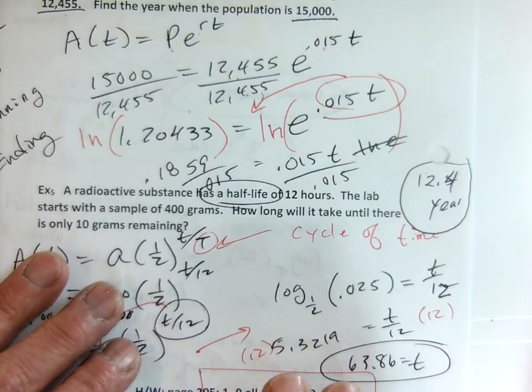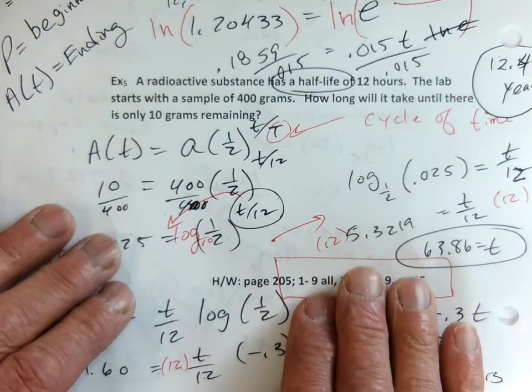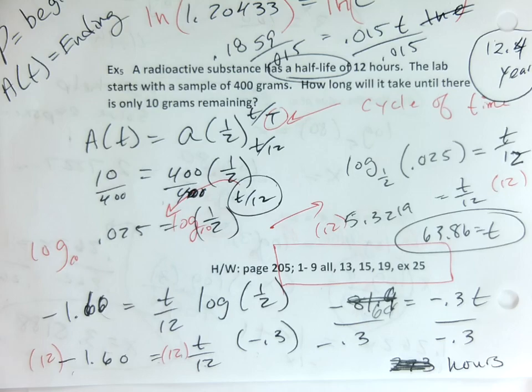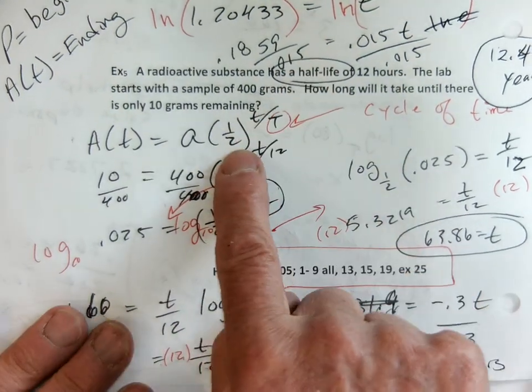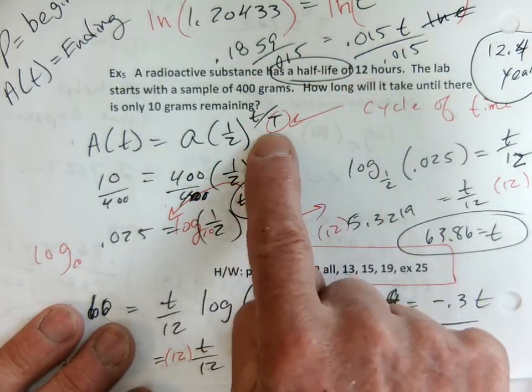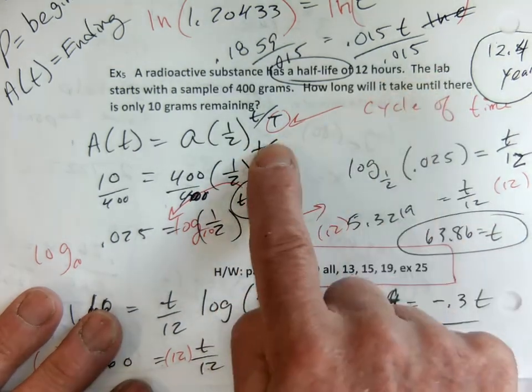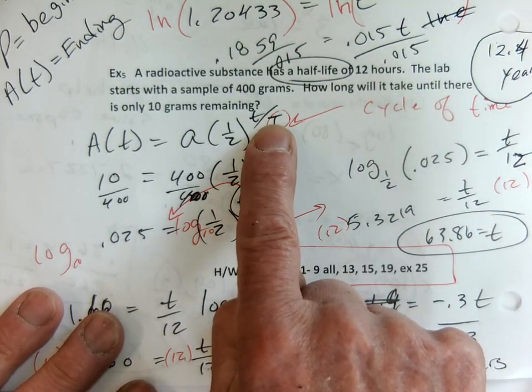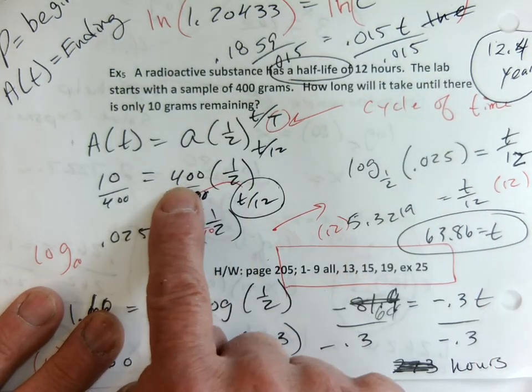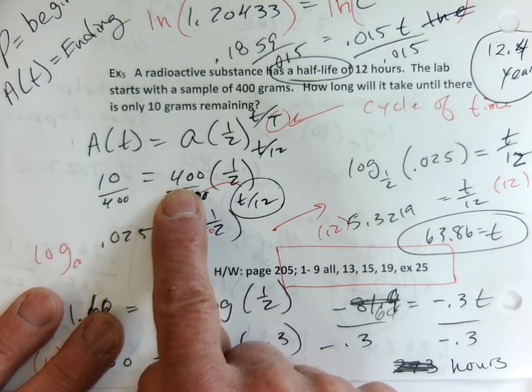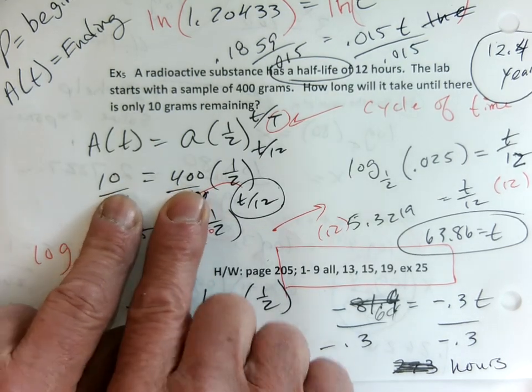Okay? All right, 5. A radioactive substance has a half-life of 12 hours. So I use my cycle of time, which is 12, so put the 12 there. It starts with a sample of 400, and we let the experiment run until we only got 10 grams left. So I set it up.